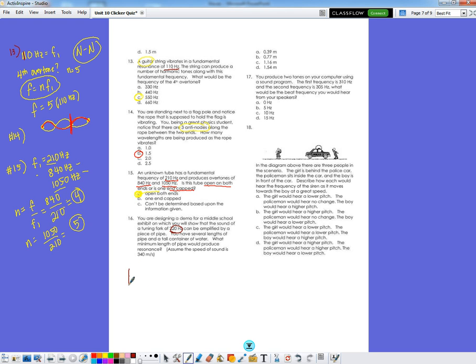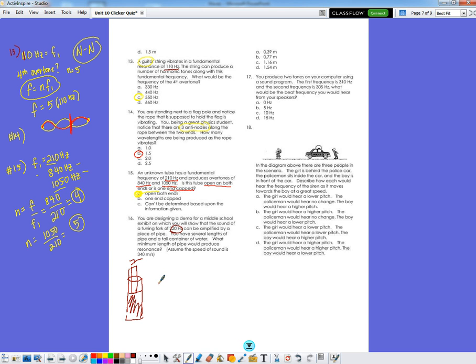Okay, this one we didn't, supposedly we're going to have a demo on this one in class, but we weren't able to have the time. So let's say, for example, you do have this big container of water. So this is water. And then there is a tube here. You can submerge the tube, and then if you put a tuning fork here, it will resonate.